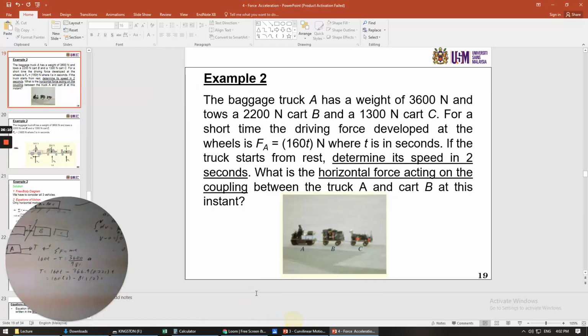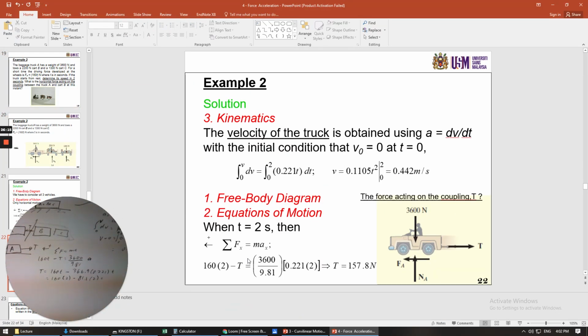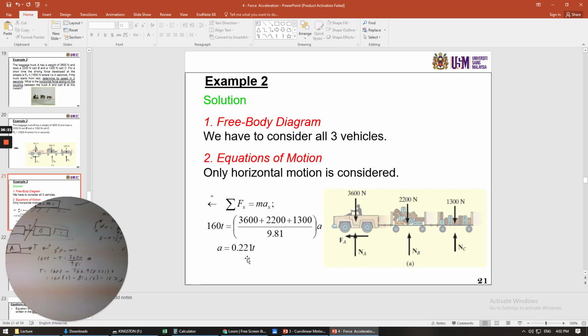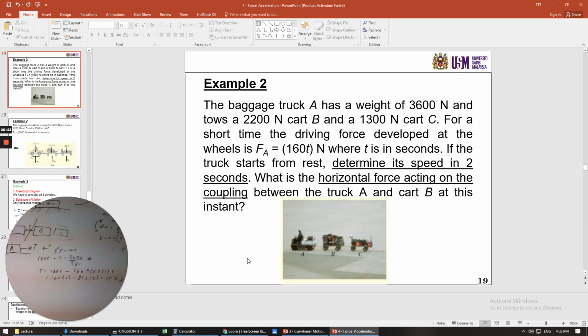Let me see, what does it equal? Okay, equals 157.8. Right.